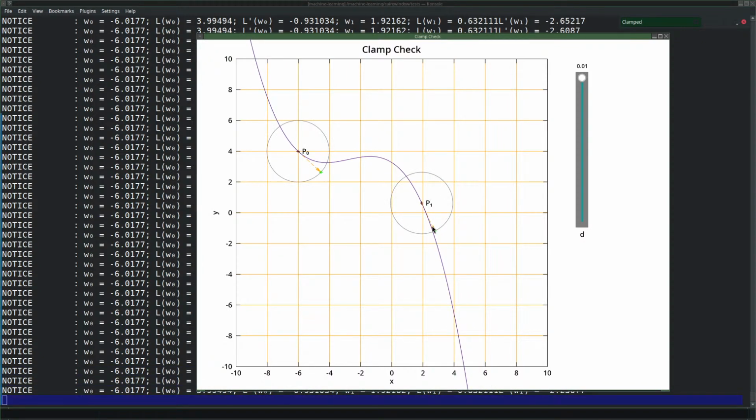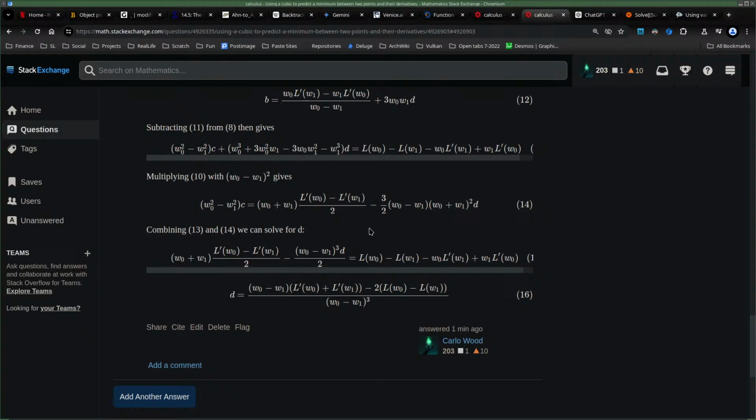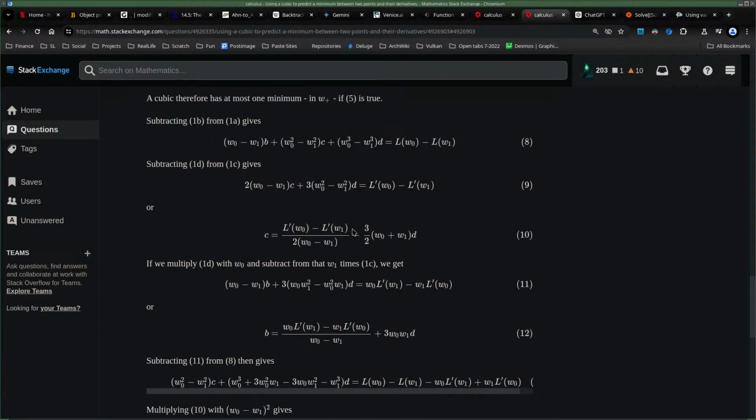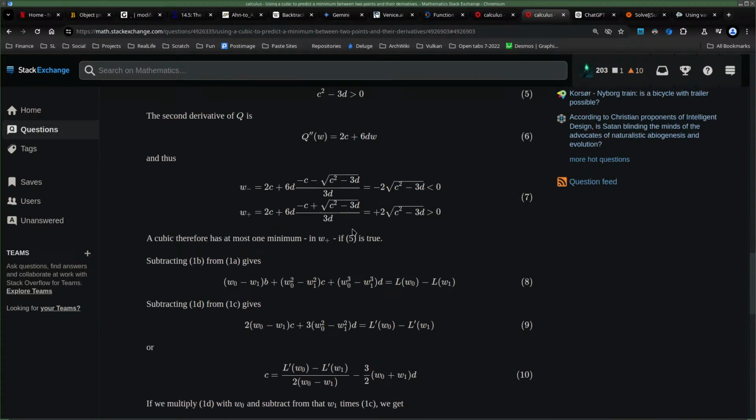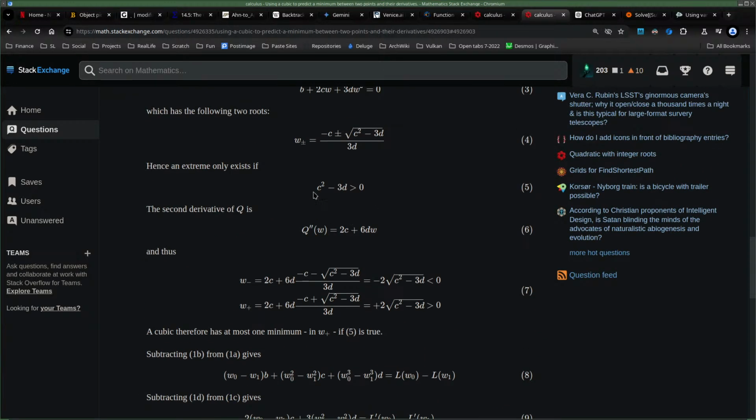Yeah, I can imagine that the existence of this thing here is purely the sign of the discriminant that I had, aka this value. That must be larger than 0, aka if c squared is larger than 3d, then we have a minimum.